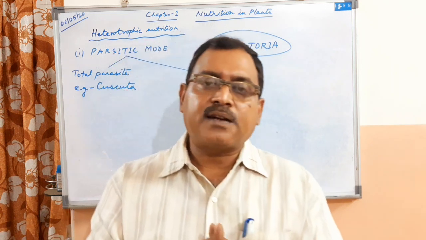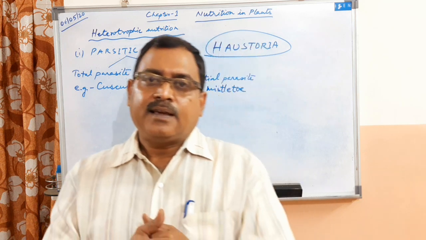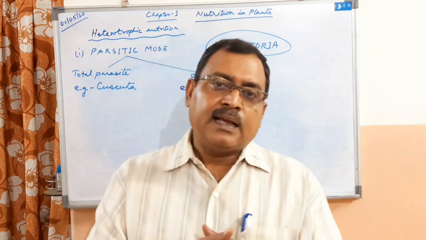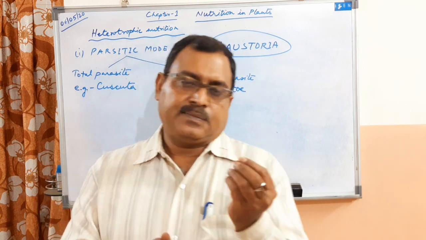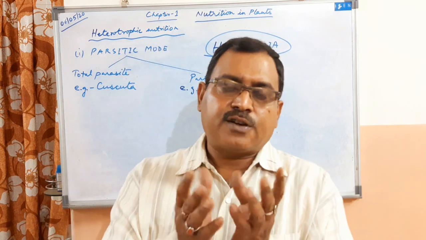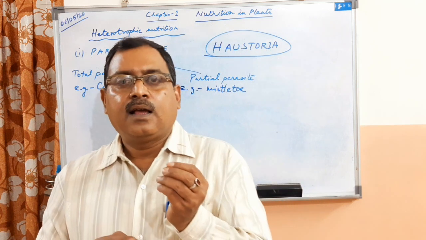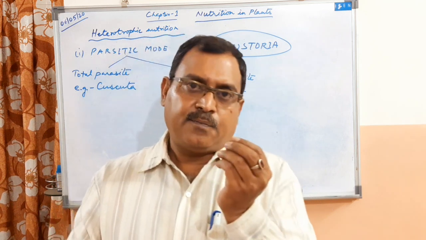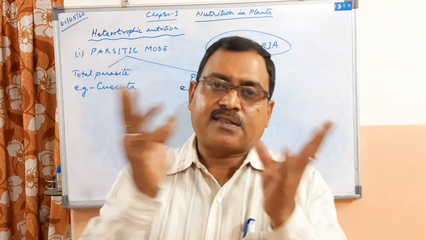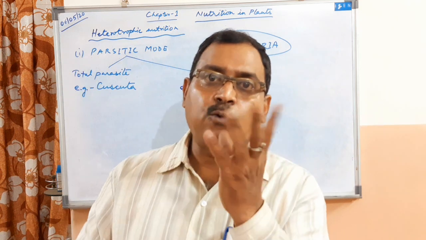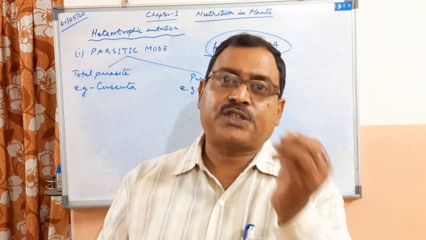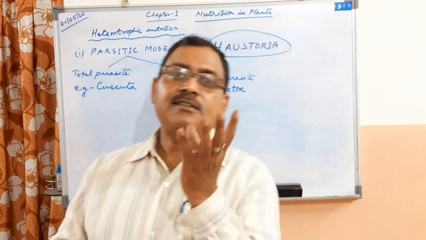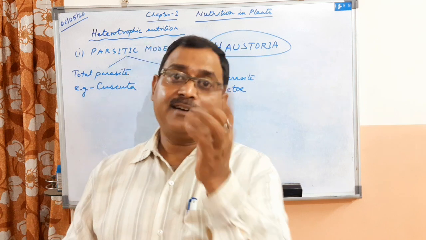Another insectivorous plant is sundew. Here, it has structures which secrete a transparent liquid which shines in the sunlight and looks like dew. Dew, you know, in Hindi you call it os. So it shines in sunlight like dew.